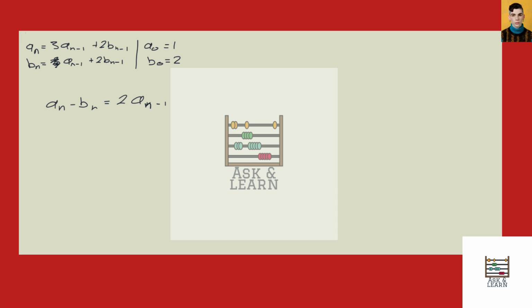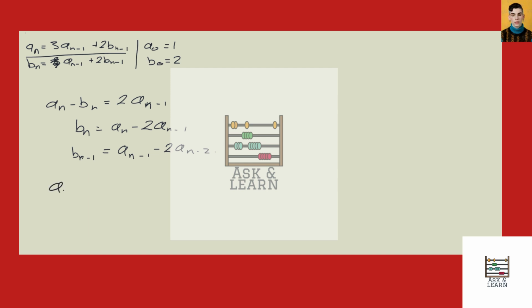Now let's solve this for b. So b sub n is equal to a sub n minus 2a sub n minus 1. Now we want to use the first relation again, and we need to substitute for b sub n minus 1. If we shift everything down an index, we have a sub n minus 1 minus 2a sub n minus 2.